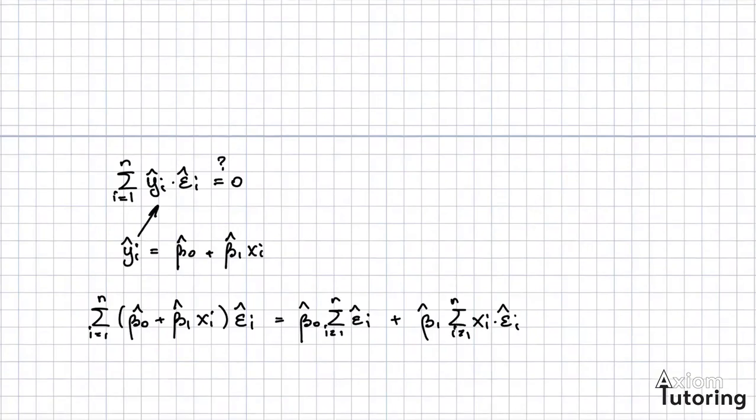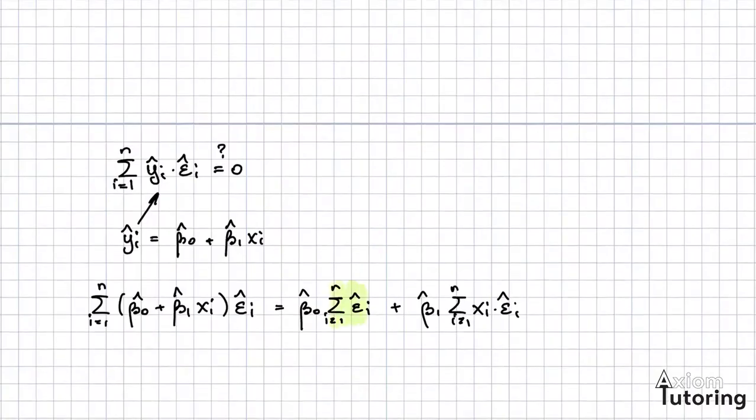Now notice very carefully. Here, we can use mechanical property 1, and we know that this is going to be equal to 0. Notice also that this bit right here comes from mechanical property 2, which tells us that this is also 0. Which means overall, we now know that we have an expression that is equal to 0.